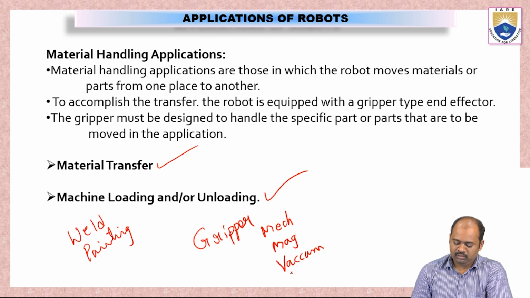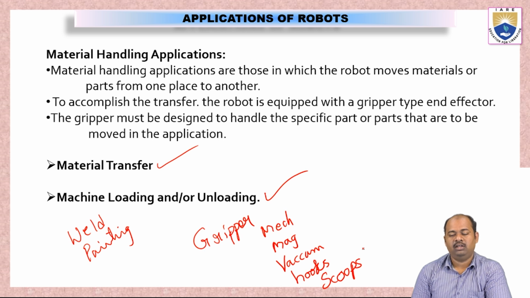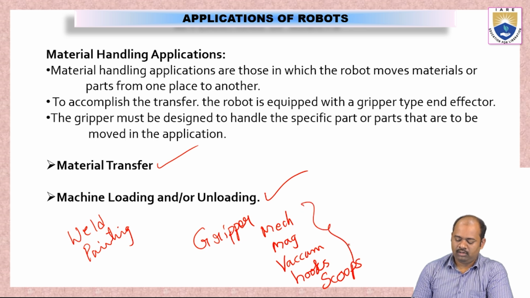Then there are hooks, which can carry loads attached to the robotic hook. And then scoops, which can be used to carry molten metal, attached to the robotic end effector. So these are some of the grippers which are used for robots.